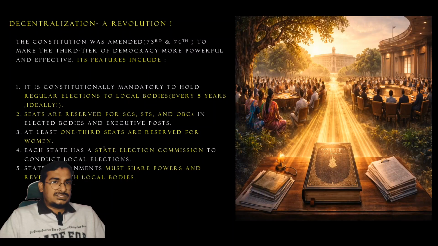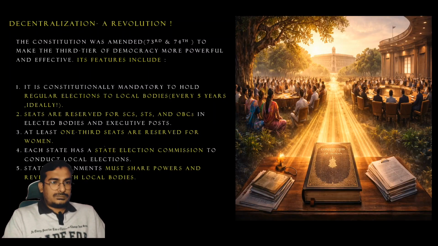Even in local governments, elections are mandatorily to be conducted every 5 years. Then we have reservation for SCs, STs, OBCs in all these elected bodies. And 1/3 of the seats also have to be reserved for women, and a state election commission is supposed to be present.